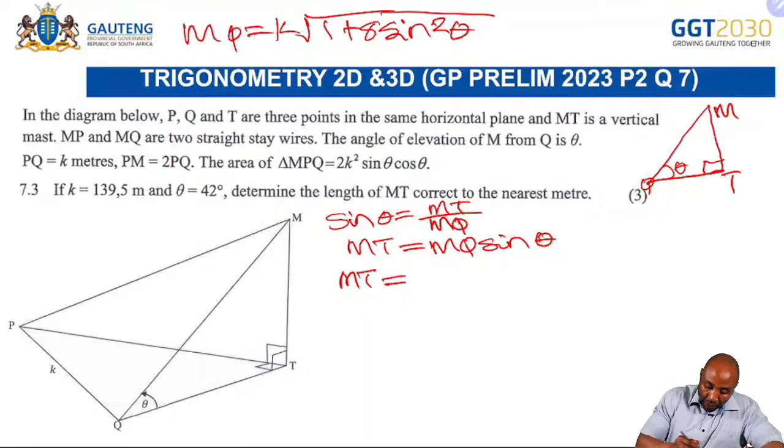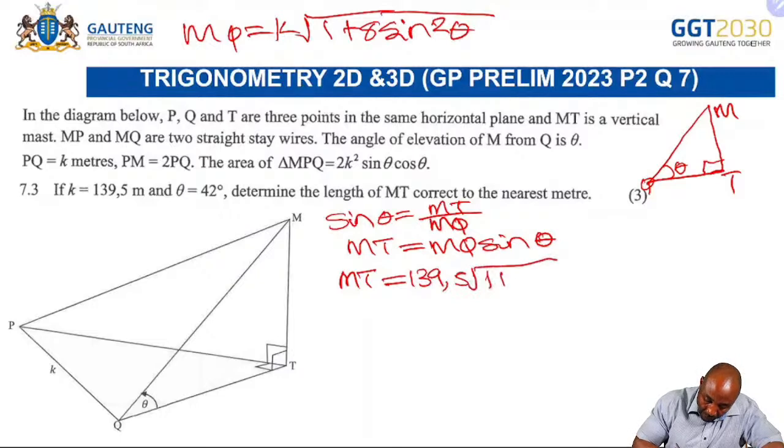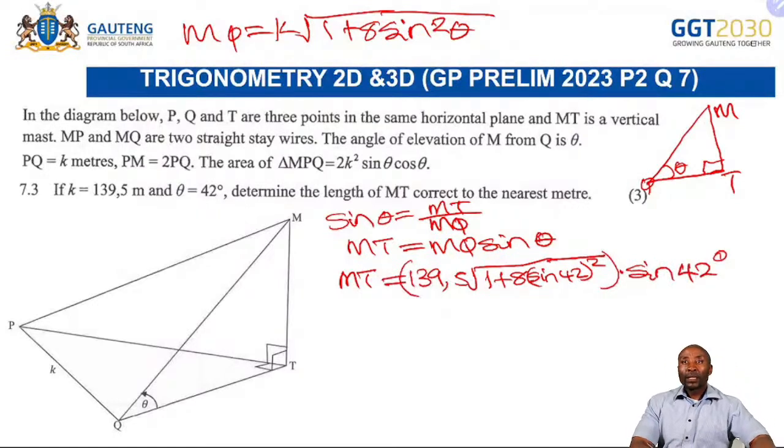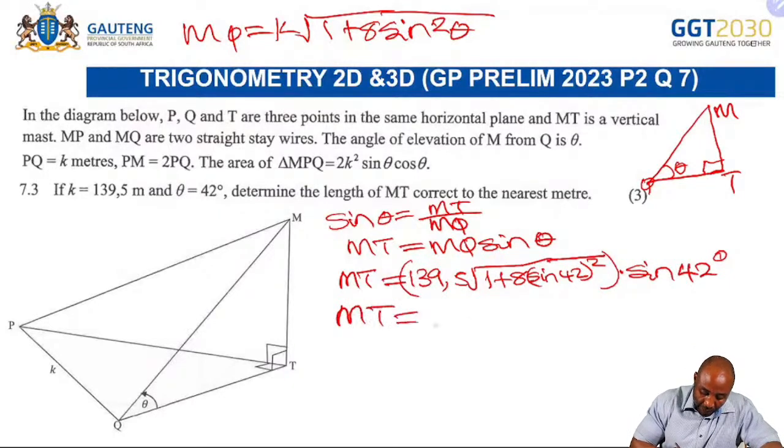So in place of MQ, I'll substitute, but when I substitute there, I have the value of K, which is 139,5 square root of 1 plus 8 sine 42 all squared under the square root. I close my bracket. I multiply this by sine 42 degrees.